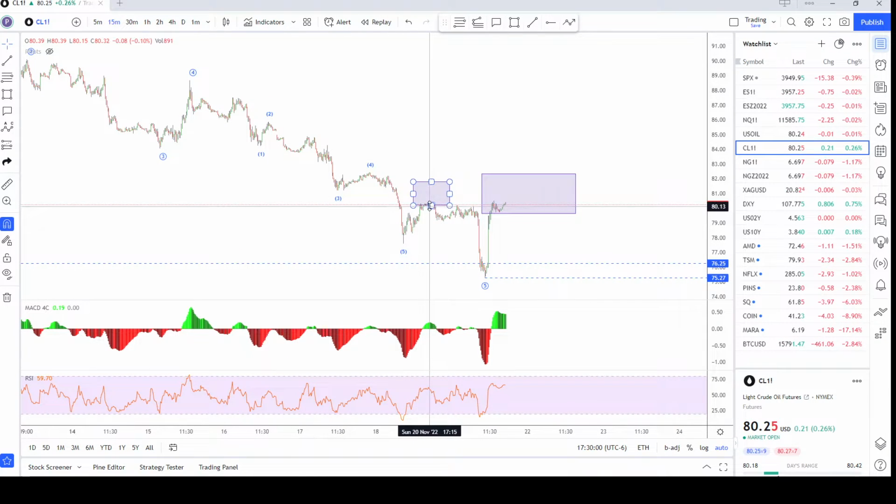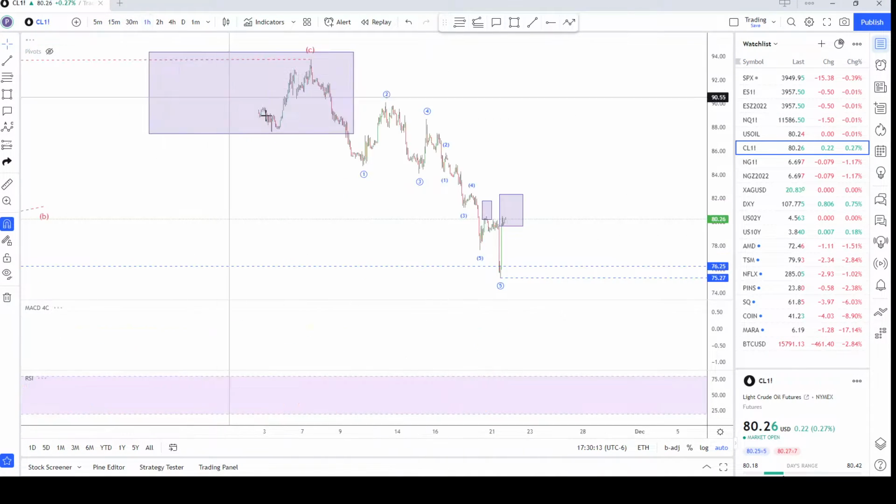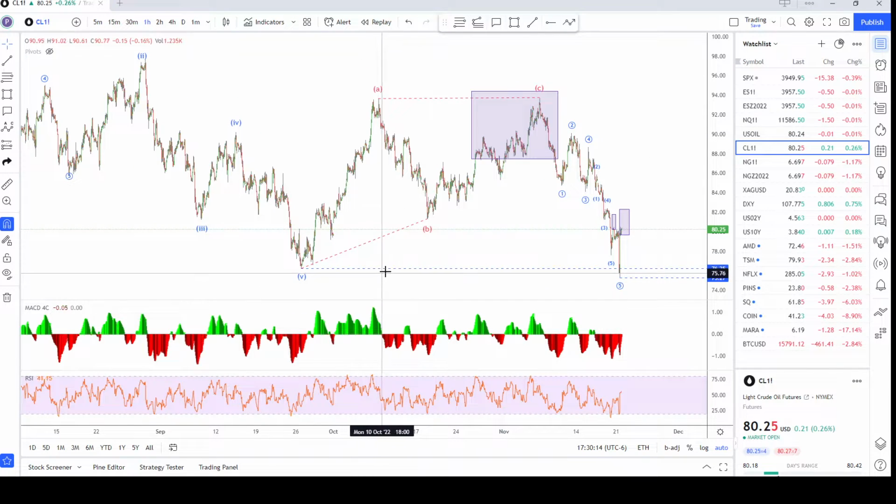And as I said last video, we had a leading diagonal here, came into this zone, and then it got rejected, and we broke the previous low. So the previous low was 76.25. We broke that.